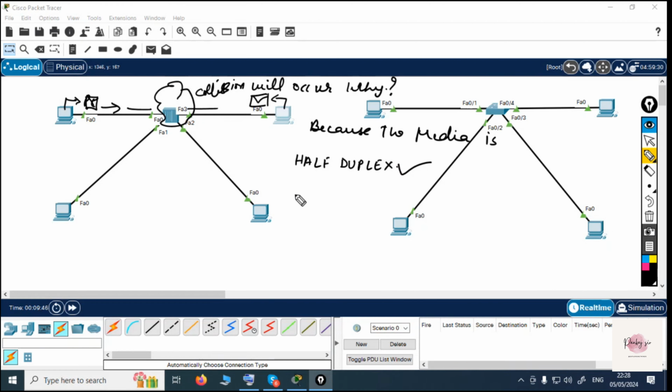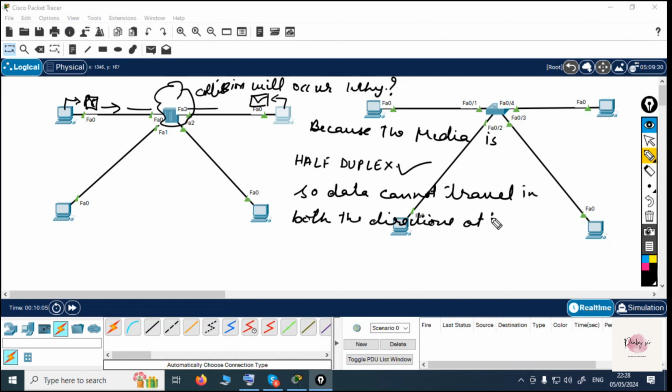So data cannot travel in both the directions at the same time.